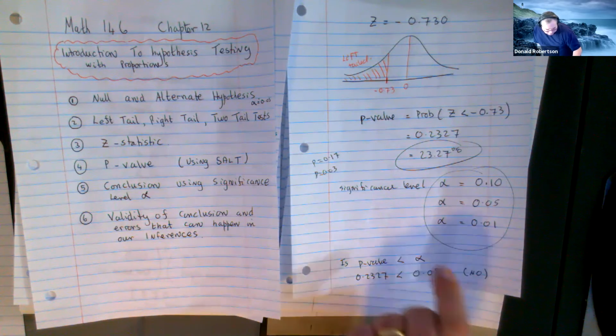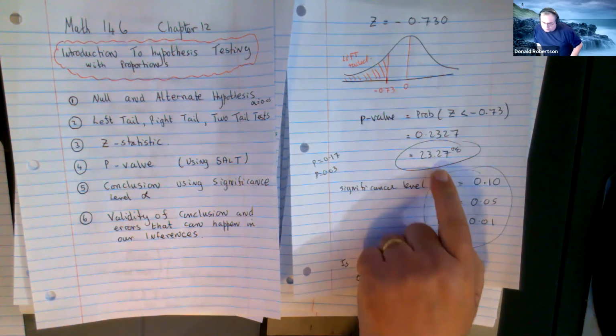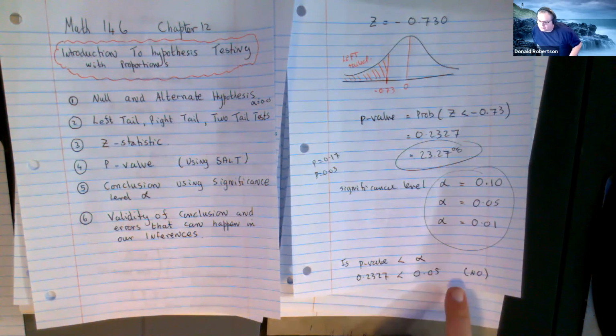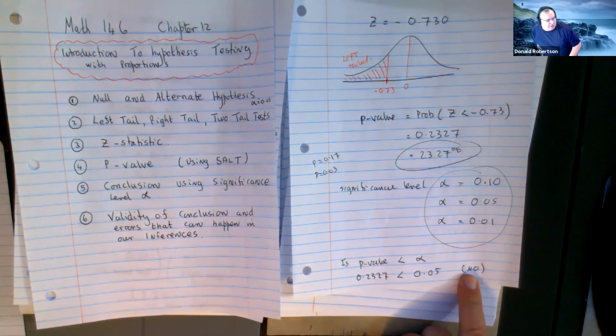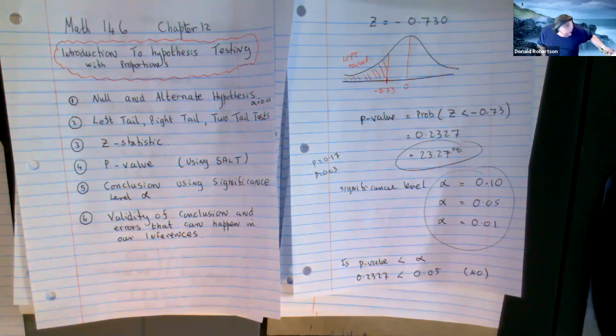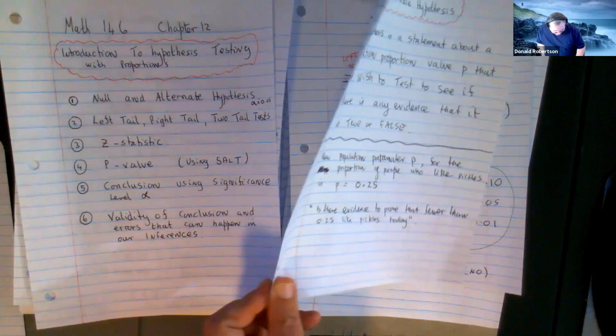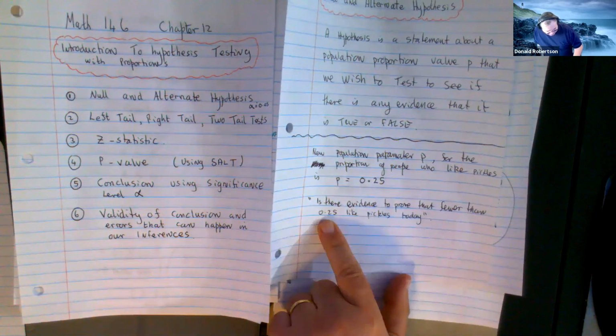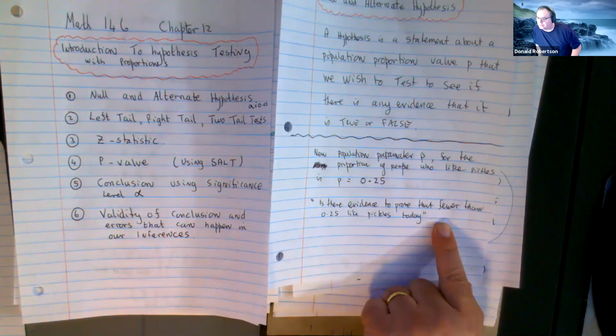Now, if this p-value was small, and small means in this case anything less than 0.05, then the answer to this question would be yes. And when the answer is yes, you can then go and say there is evidence to prove that fewer than 25% of people like pickles today.